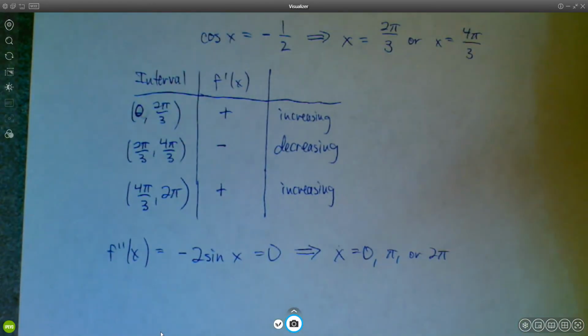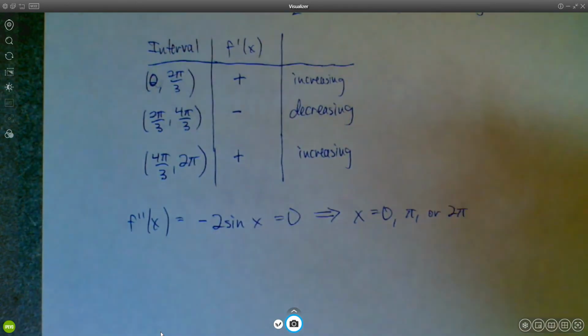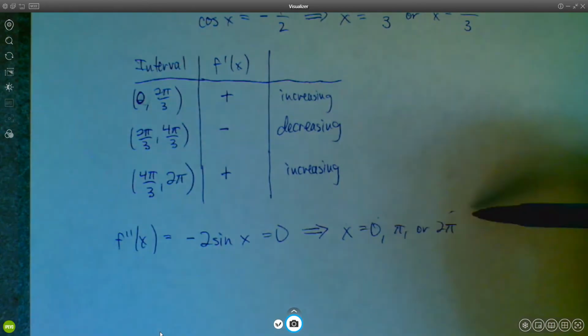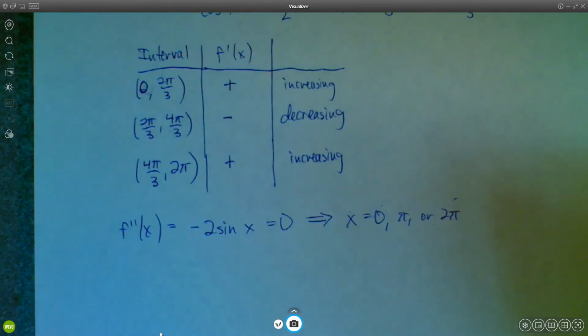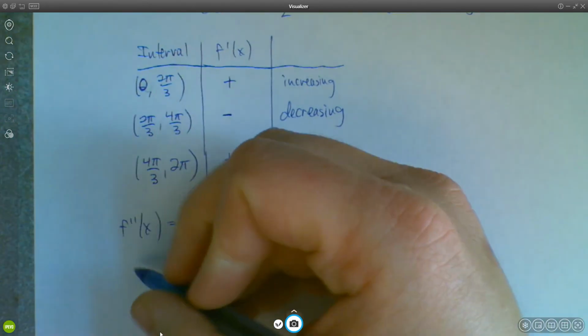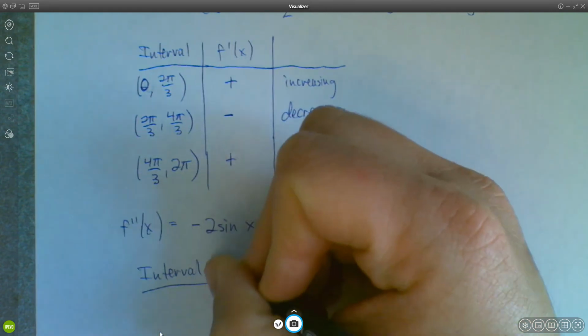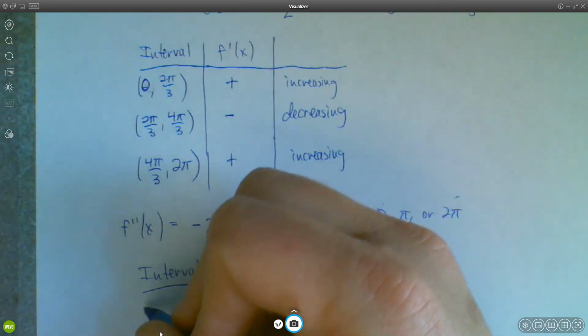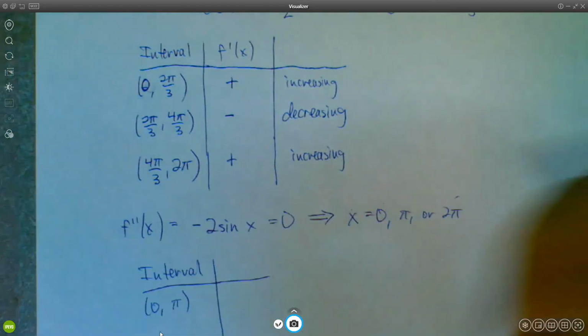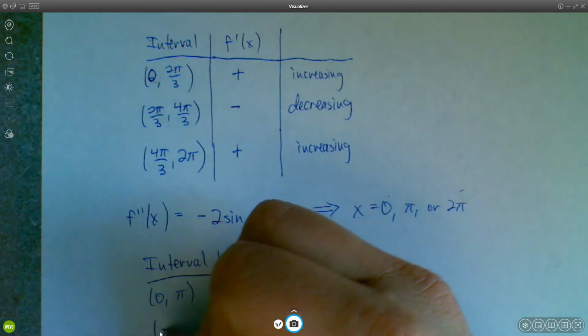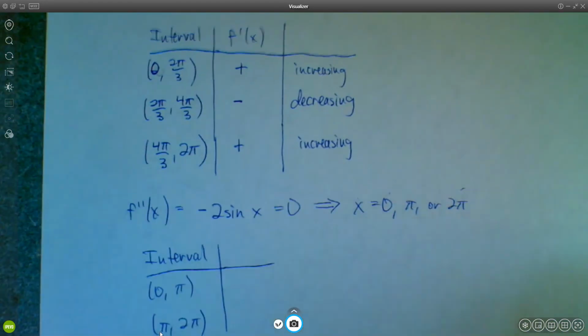Okay? Alright, but 0 and 2 pi are my endpoints anyway, so I don't really get a bunch of intervals. Really, the intervals that I'm looking at are the interval from 0 to pi, and then the interval from pi to 2 pi, right?